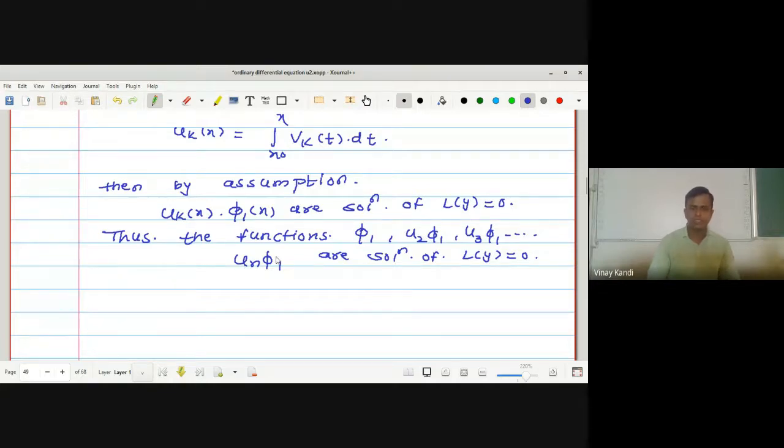It implies phi 1, u2 phi 1, u3 phi 1, and up to un phi 1 are the n solutions of L of y is equal to 0.